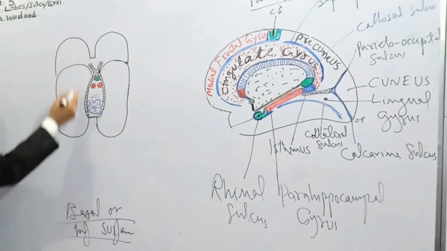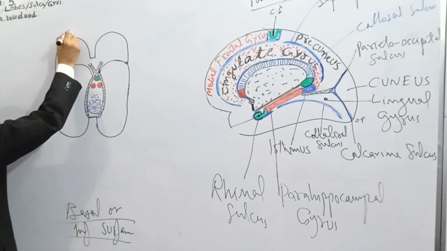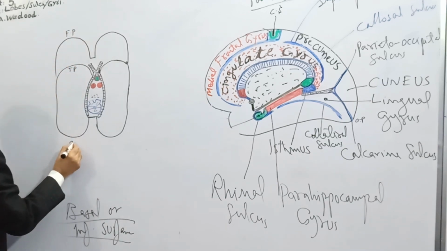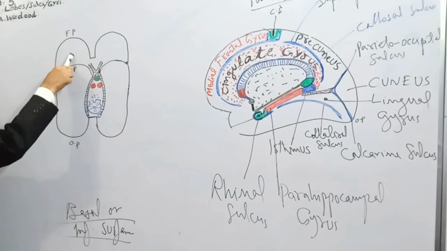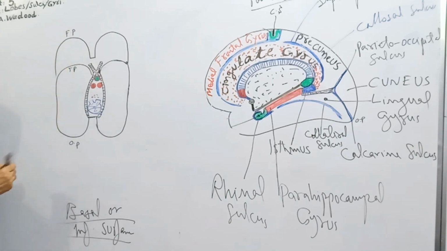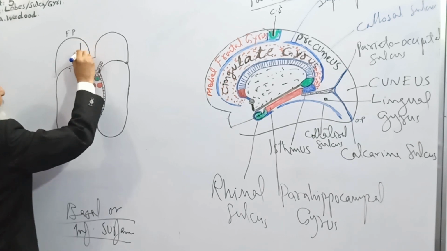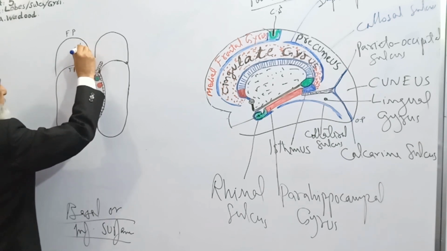Now, this is the inferior surface, this is the frontal pole, temporal pole, occipital pole, the orbital part of the inferior surface and the tentorial part. Now what are the sulci and gyri? On the orbital part, there is a sulcus known as the olfactory sulcus.